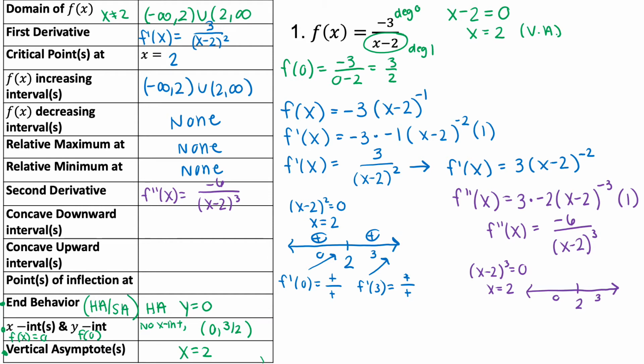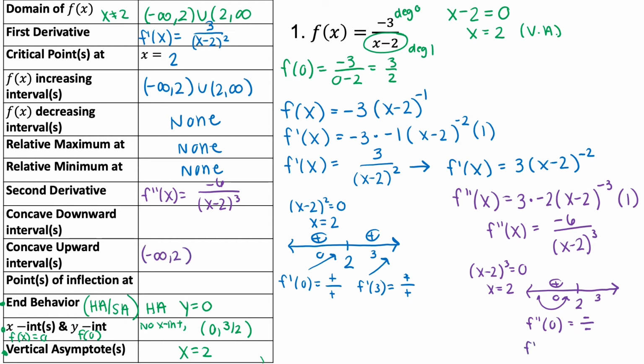Again, testing around, this time for concavity. So I'm testing in my second derivative. So f double prime of 0 gives me negative 6 is always negative, over 0 minus 2 is a negative, cubed is still a negative, which gives me a positive, meaning I'm concave up from negative infinity to 2.